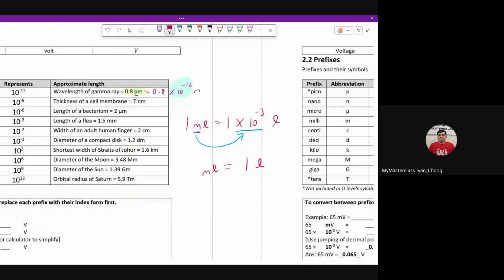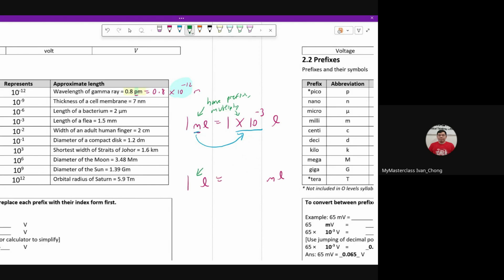Basically we work the opposite. Let me put it across to you. If you have a prefix, you multiply. So let's say now you want to change 1 liter to milliliter.